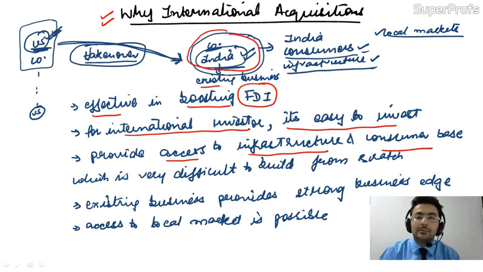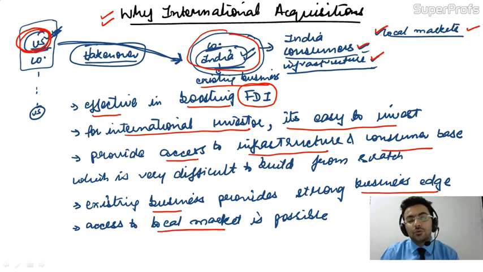This is an existing company in India. It should have some kind of consumers, infrastructure, and local market. So it would be very easy for a company based in the US to enter India and reach the consumers and infrastructure as well. So an existing business already provides a strong business edge, as they already have access to local markets.